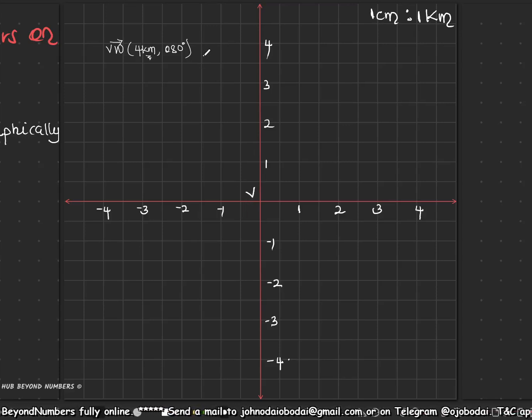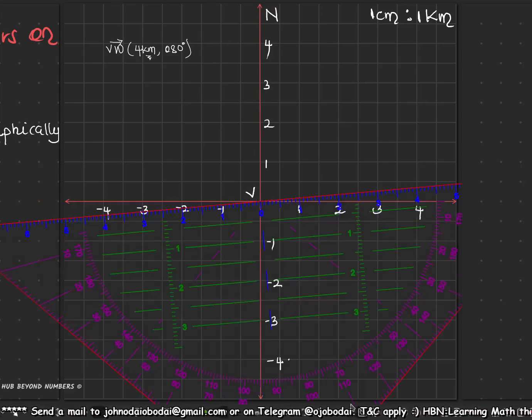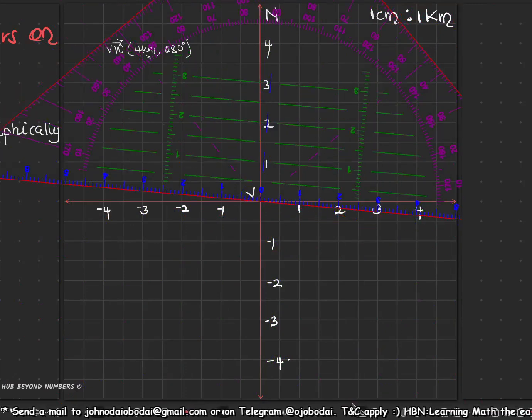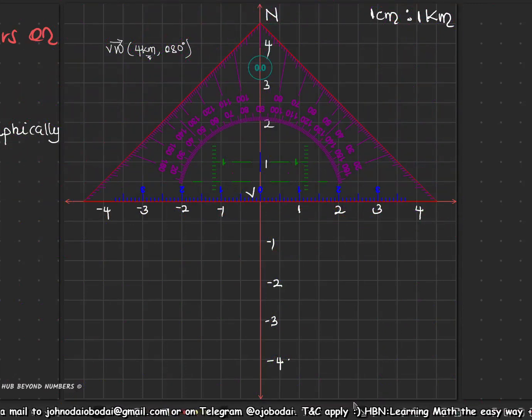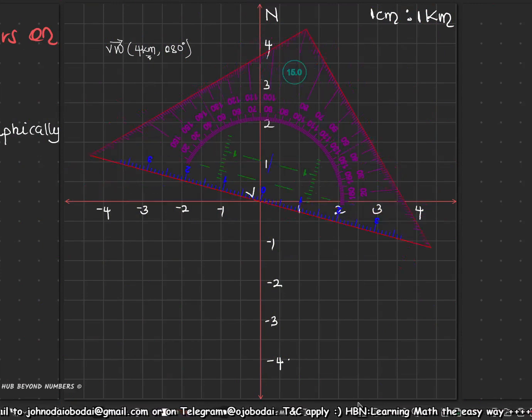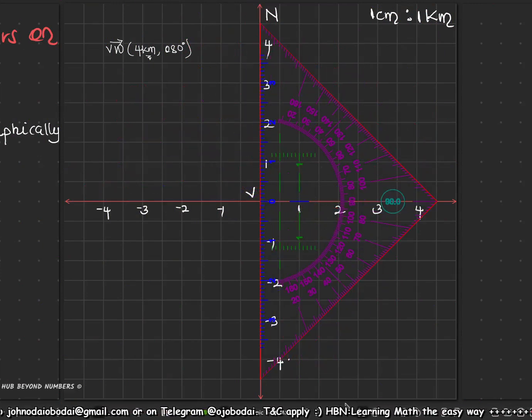And always remember, bearing starts from the north. So our north is going to be up here, and we measure a bearing of 80 degrees. This is my protractor here, and I'm going to use that to measure my 80 degrees from the north.